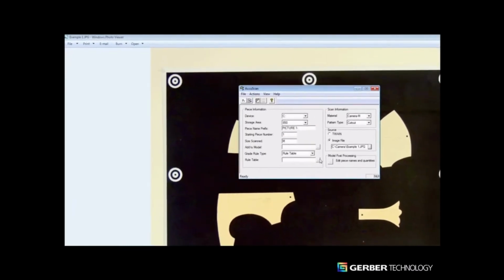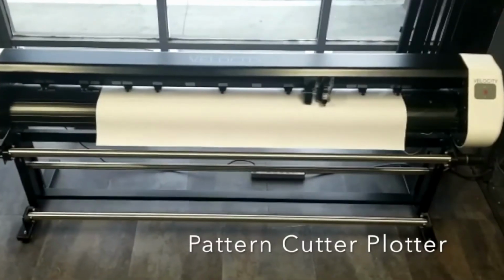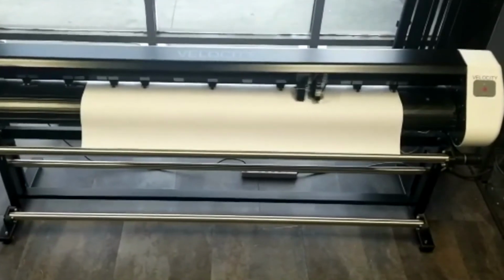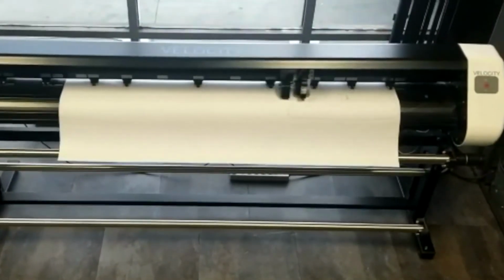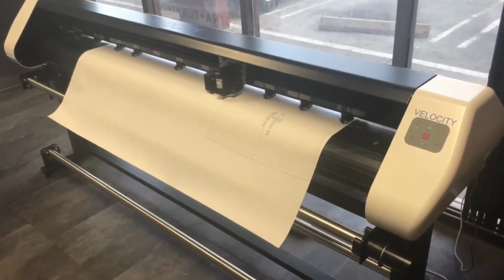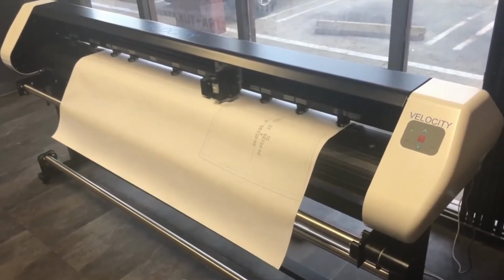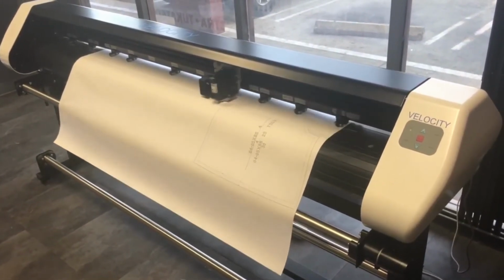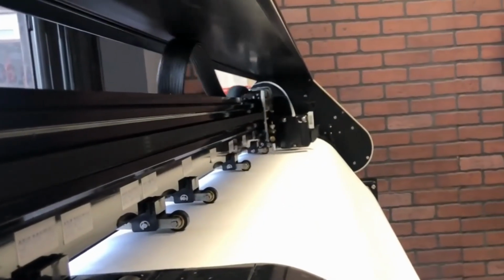Secondly, another thing required in the CAD section is the plotting cutter. Basically, there are two types of CNC cutting plotters used in the fashion manufacturing industries. Number one is the paper pattern cutting plotter, and the second one is the fabric spreader and cutting plotter.